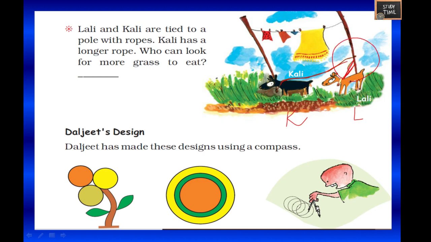It can graze only this part of grass. Whereas this is a bigger one, so it can graze all around it. So it can go to a bigger circle. So Kali will eat more grass.